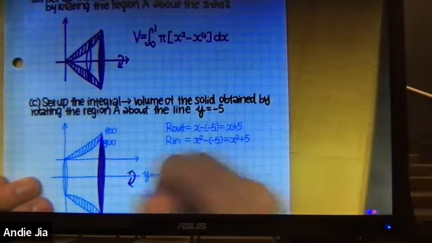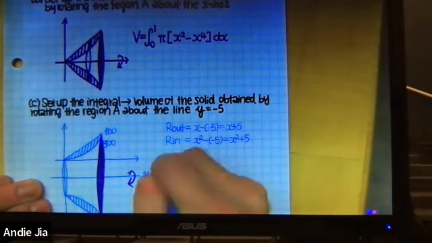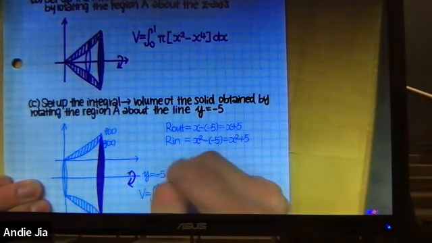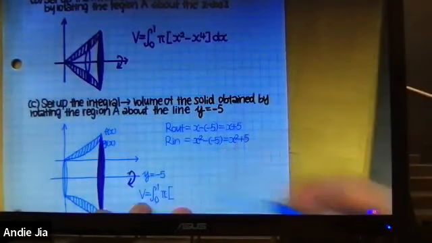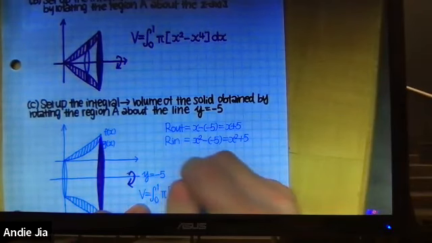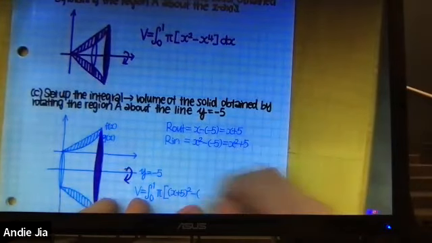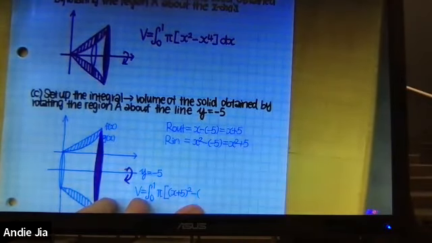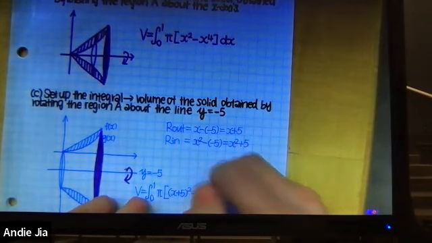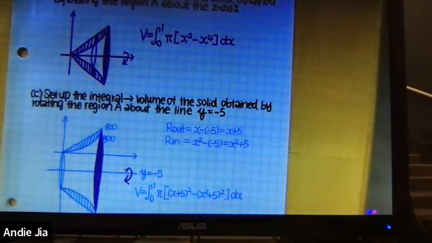And the volume is the integral from 0 to 1 of pi times (outer radius x plus 5 squared minus inner radius x squared plus 5 squared) dx. This is the volume of this washer.